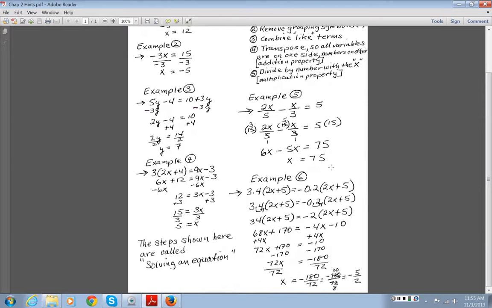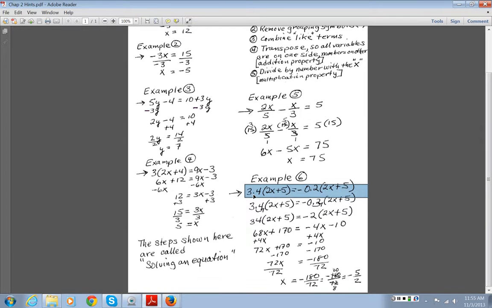Now, in doing example 6, this sort of involves all of the steps above because we're going to try to get rid of these decimals. And what you do is this is one term. This is one term. So I'm going to multiply these terms by 10.